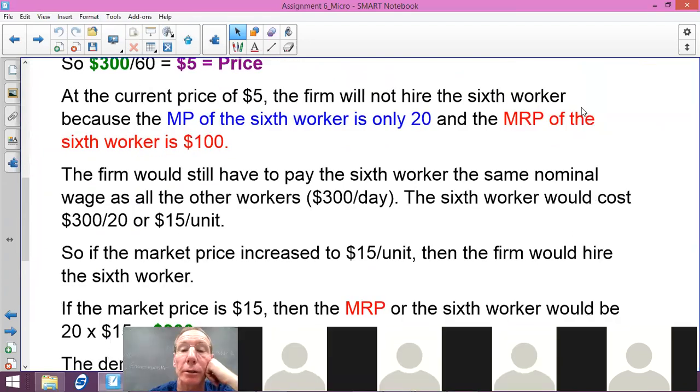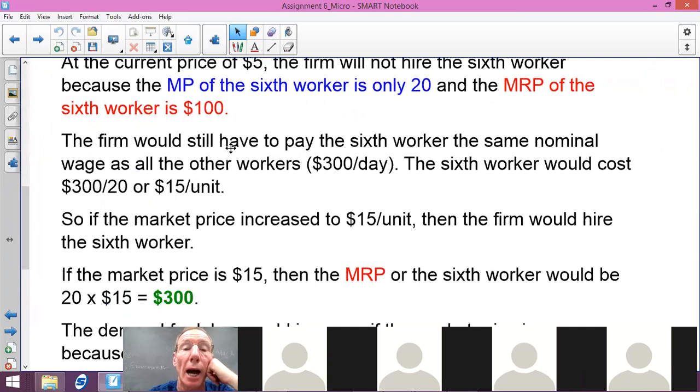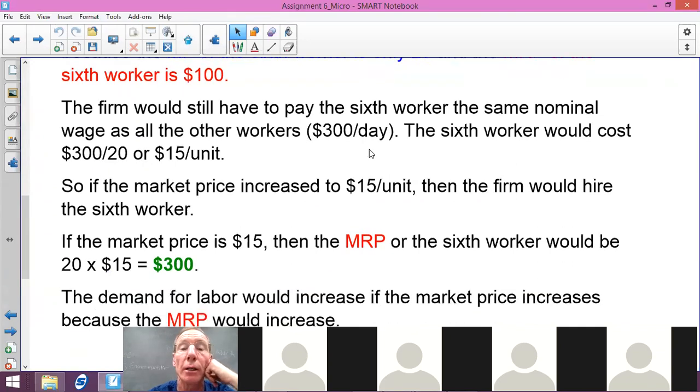And I just explained here why they would not hire the sixth worker, because in a perfectly competitive labor market, they have to pay them all the same. So they would have to pay that sixth worker more than he was bringing in.